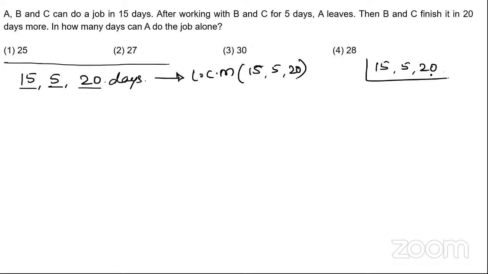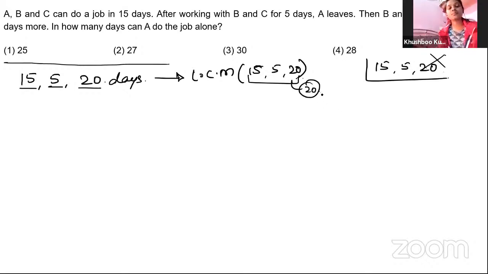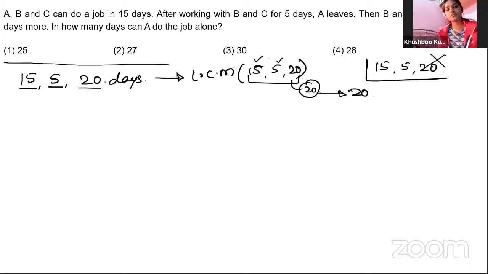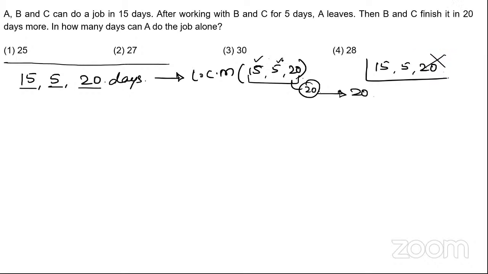Avoid that calculation. There are many easier ways to do it. Which is the highest number out of these three? 20. What is 20's multiplication table? 20 ones are 20. Is 20 divisible by 5 and by 15? No. 20 twos are 40.